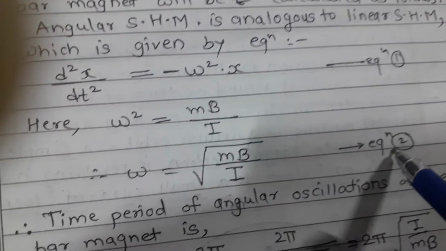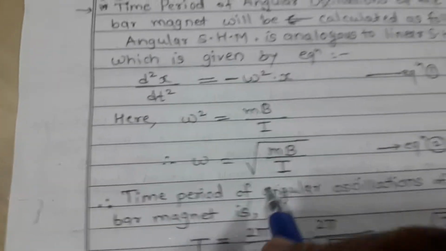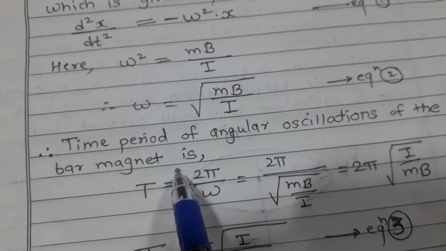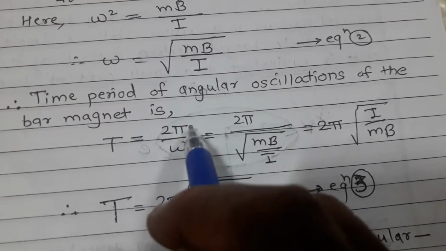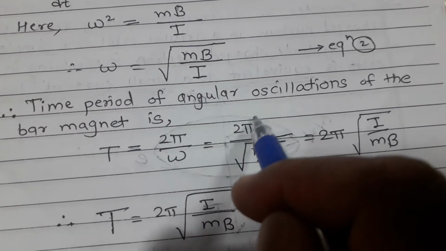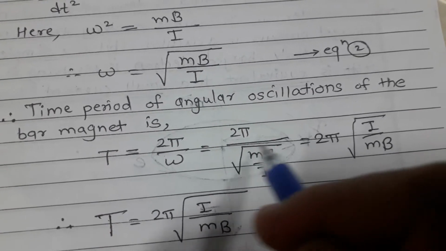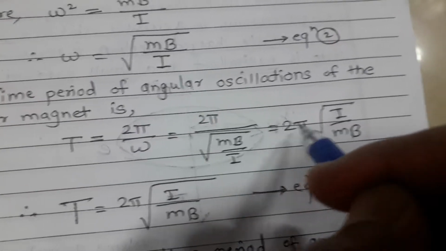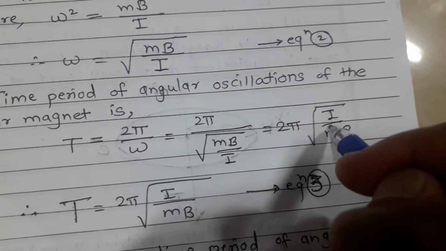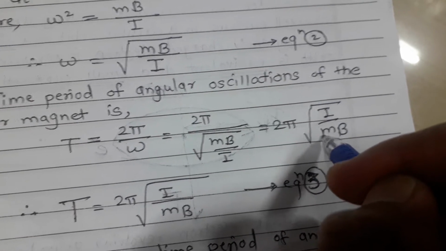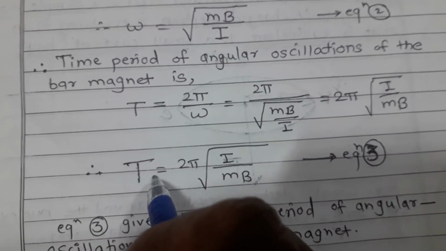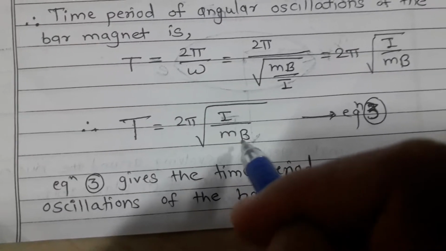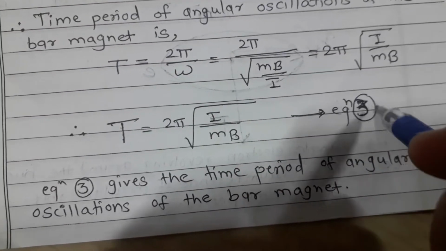Equation number 2. Therefore, time period of angular oscillation of the bar magnet is T is equal to 2 pi upon omega is equal to 2 pi divided by under root m into B divided by I, is equal to 2 pi into square root of capital I divided by m into B. Therefore, capital T is equal to 2 pi into square root of I divided by m B. This is equation 3.